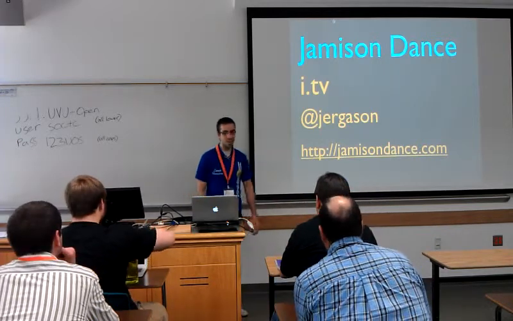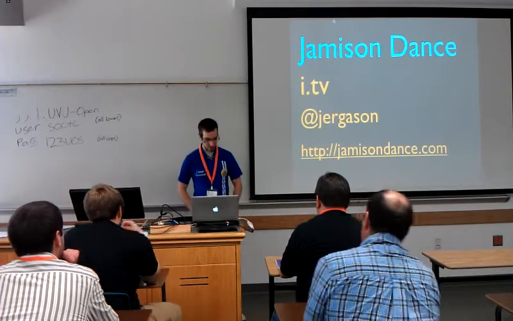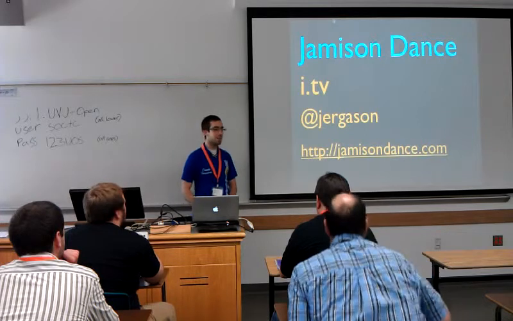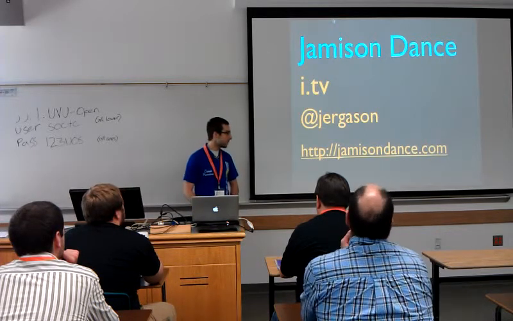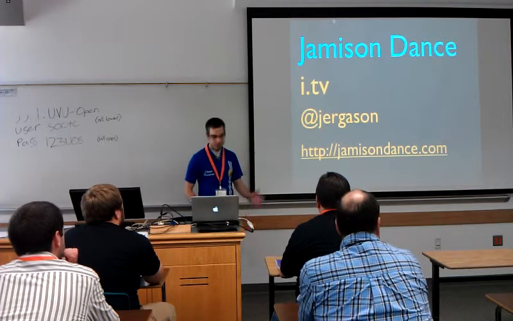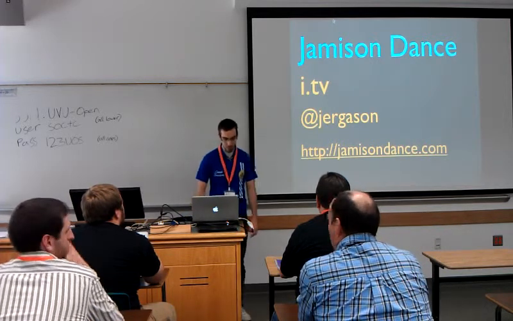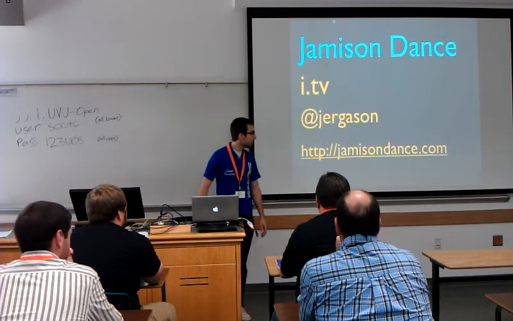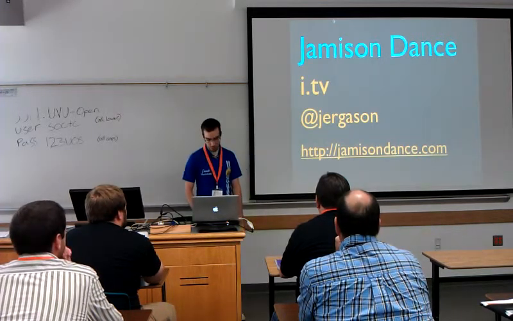It's a great place to work if you're looking for work and you really enjoy working with JavaScript. We push the limits of what you do in JavaScript, and this is an example of something weird in JavaScript. So if you like this kind of stuff, come talk to us about ITV. I'm Jurgensen on Twitter, and JamisonDance.com if you want to read stuff I blog about.